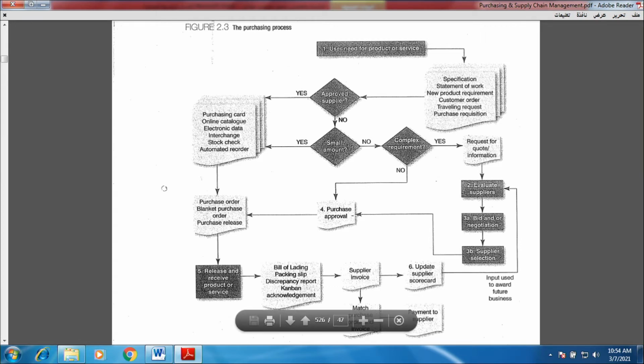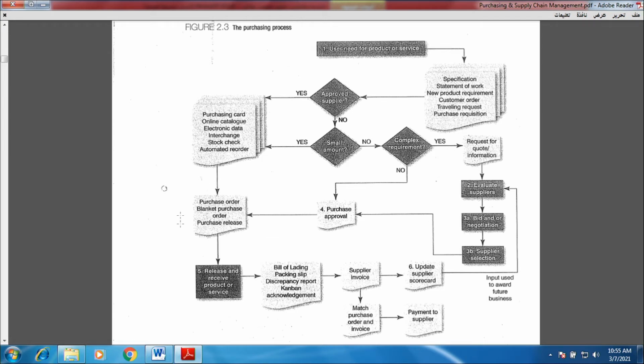It's a legal document or paper, or a letter that tells the supplier that you are selected and we want to have you work with us, to supply us with the required materials or services. So we go to that track.